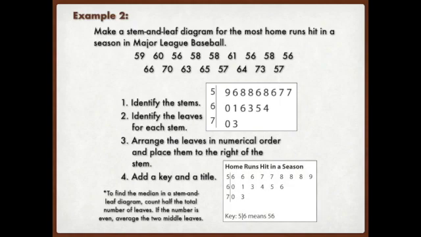Now, first, I want to identify the stems. Okay, we did that. That's going to be the tens place. Then I identify all the leaves for each stem, and that's the ones place. Then I'm going to arrange the leaves in numerical order.